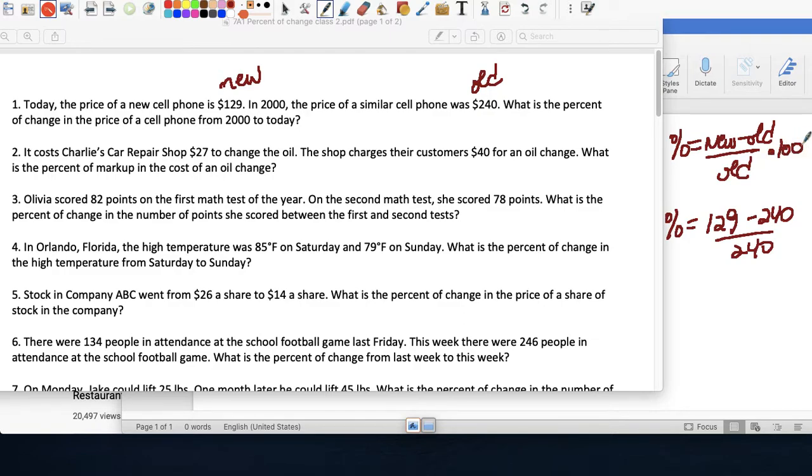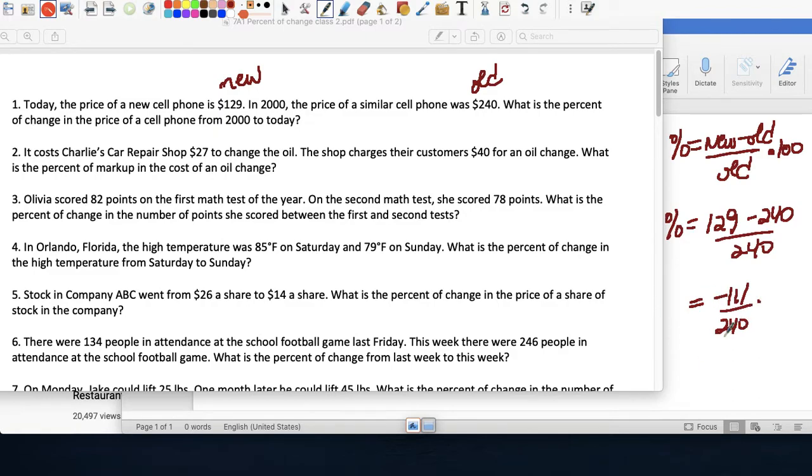So if you take out your calculator, here we go, and you divide 129 minus 240, you're gonna get negative 111, and then you're gonna divide that by 240.